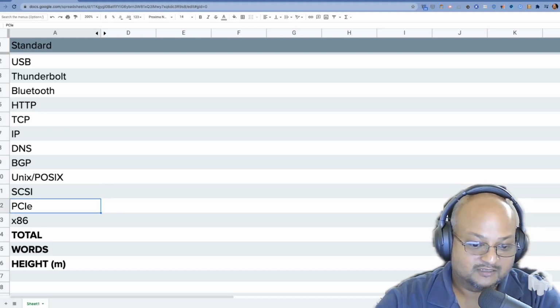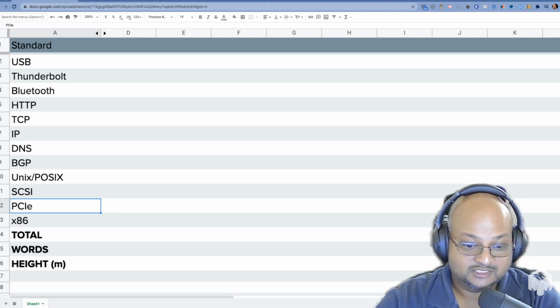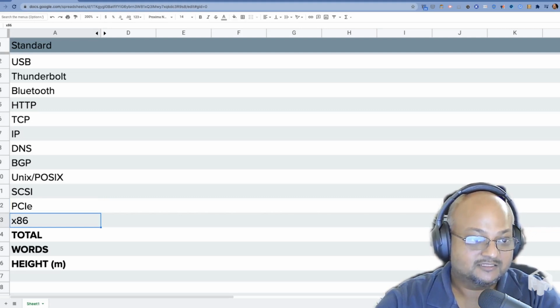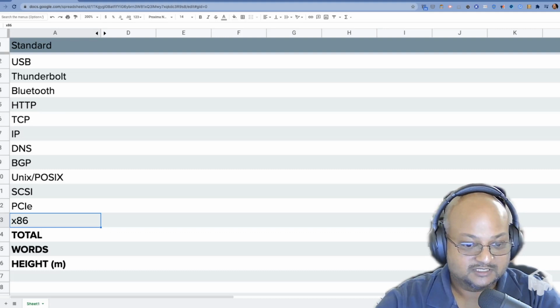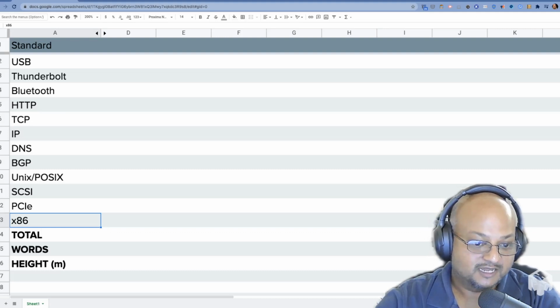We have other things like network cards and other I/O things that talk to the chip via PCI Express. And then you probably are talking to a server that has an x86 chip in it. Whether it's Intel or AMD, it still has the x86 instruction set.